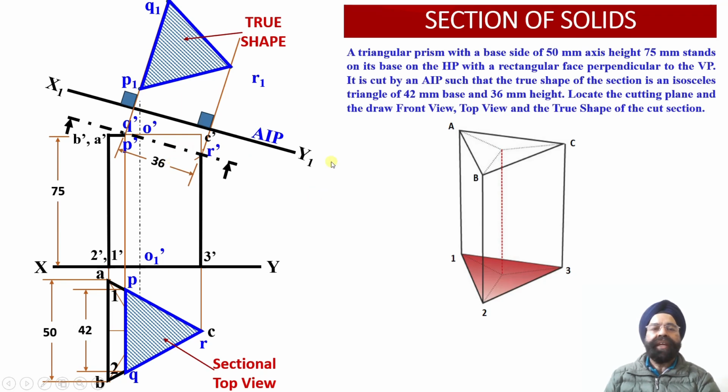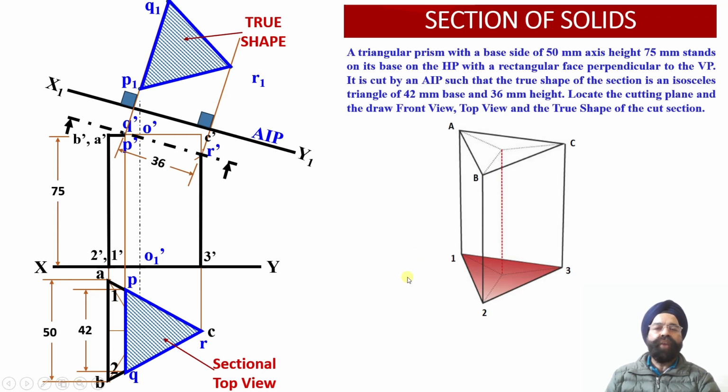So this way we have been able to verify that the true shape of the cut section which has been cut by this auxiliary inclined plane meets the condition that it is having the base 42 millimeter and altitude height 36 millimeter, and since P1 R1 and R1 Q1 distances are equal, this is an isosceles triangle which we have been able to obtain.